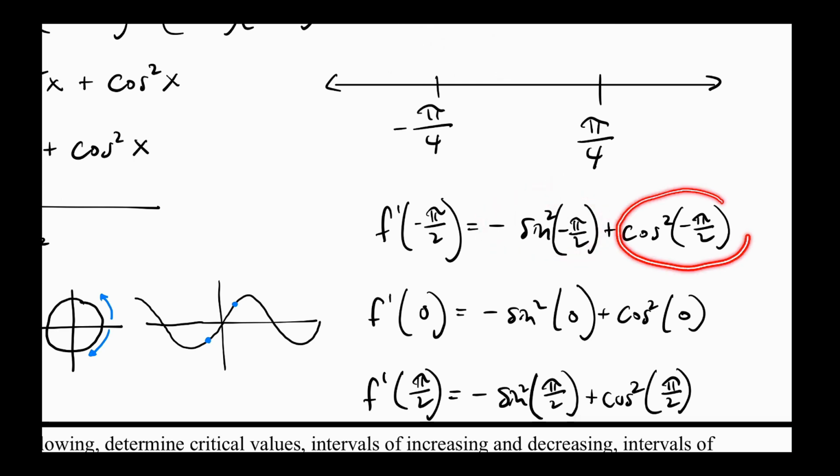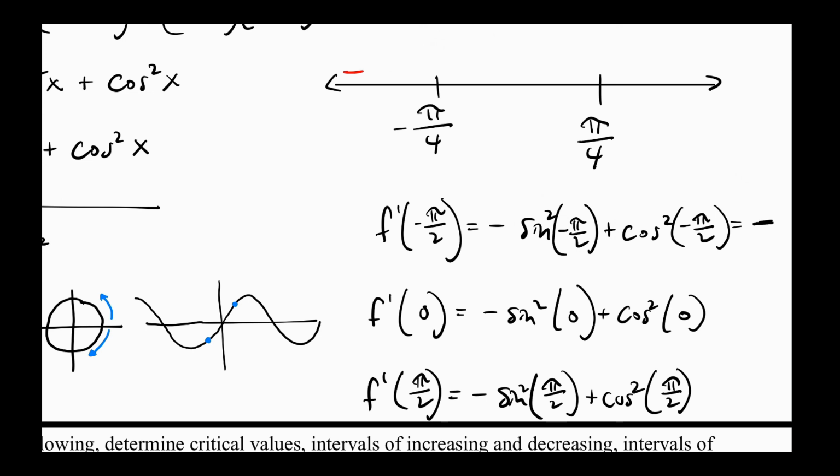And then cosine of negative pi over 2. Well, cosine of regular pi over 2 is 0, so it's still going to be 0. 0 squared is 0. So you're going to have negative 1 plus 0, which makes a negative answer.